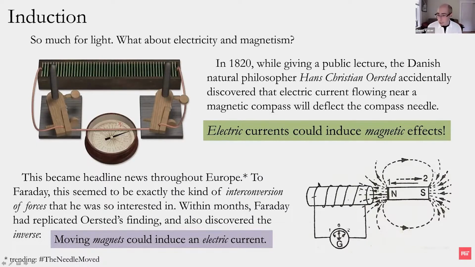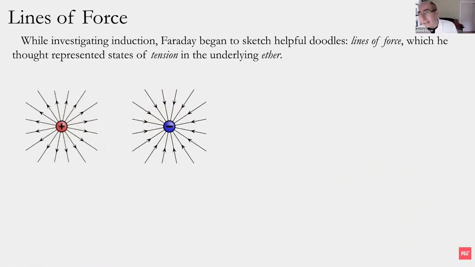He then does, as shown here, he takes a bar magnet and starts moving it in a pattern near a conducting coil from which he can measure the current, with an ammeter attached. And he finds the inverse can happen as well, that a moving magnet, a changing magnetic effect, can induce an electric current. So he's investigating induction, both electric currents inducing magnetic effects, and magnetic effects inducing electric effects.